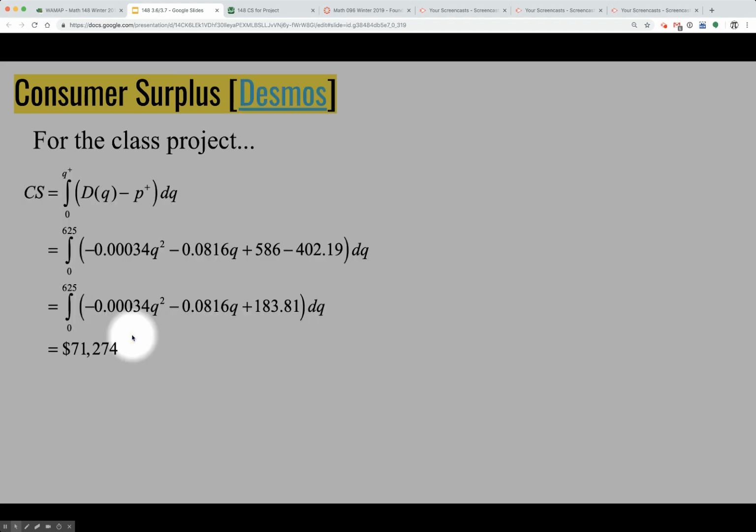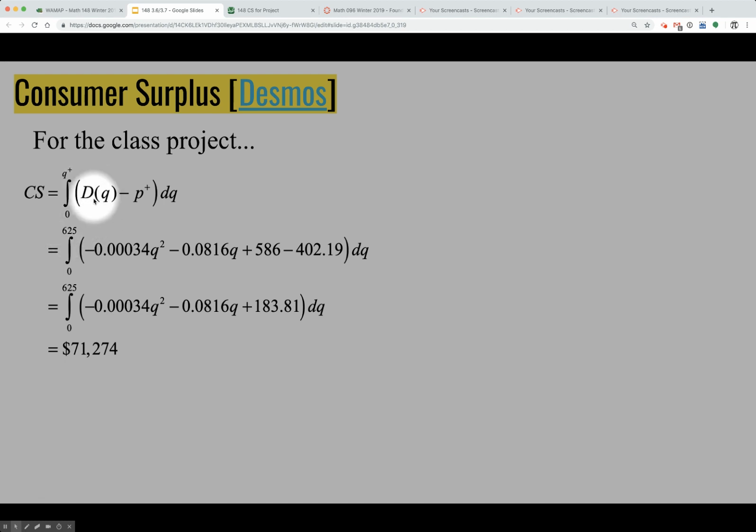So if we take a look at the class project and we were to do this integration, the consumer surplus is the integral of the demand function minus the optimal price. And then we're just going to fill in all the information that we need. The optimal quantity for the class project was 625 items. It'll be different for your project, obviously.